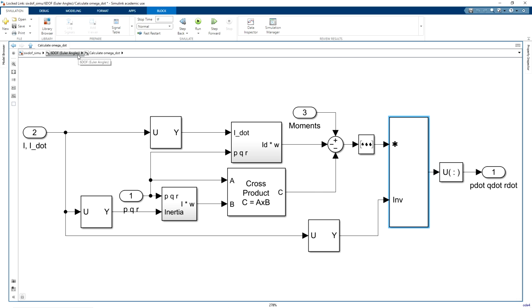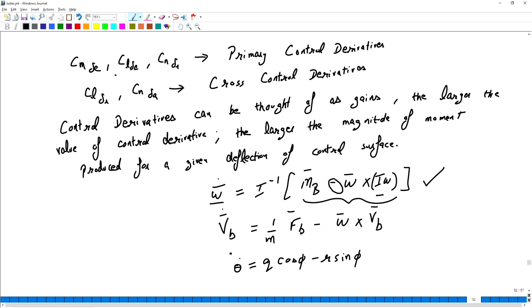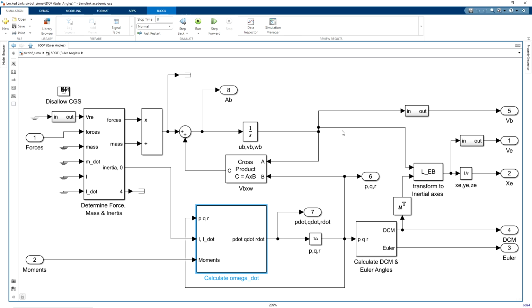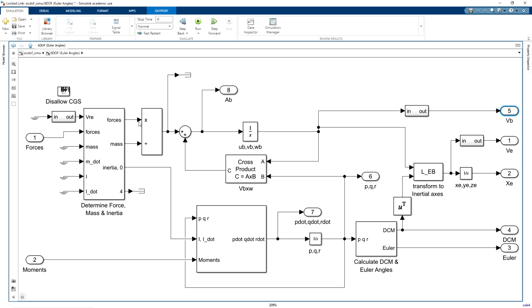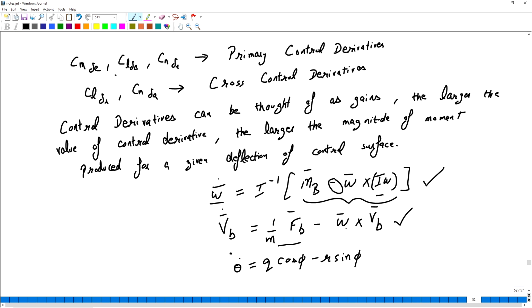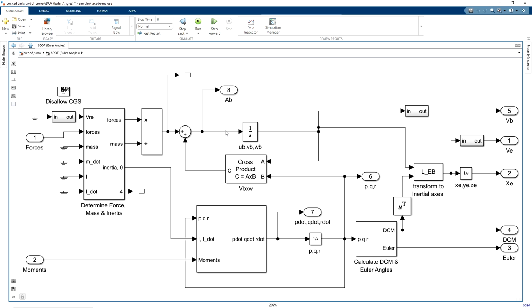Now finally we can check u dot, v dot and w dot. Here we have velocity in body x axis, and it is integrating this. Let us check the expression, that is F upon m. Yes, we have here forces divided by mass. F upon m minus omega cross Vb, that is PQR cross the velocities.